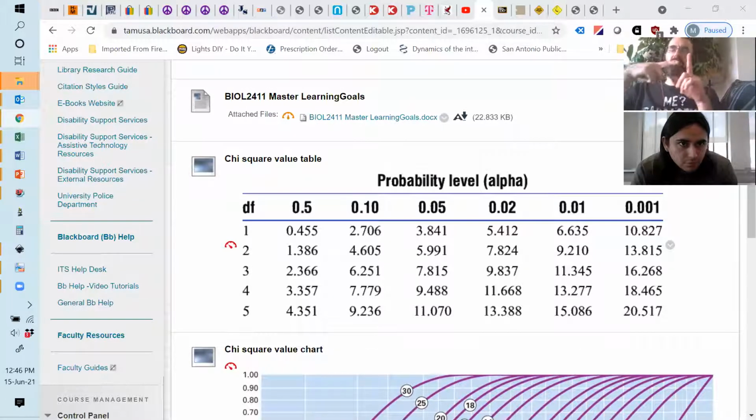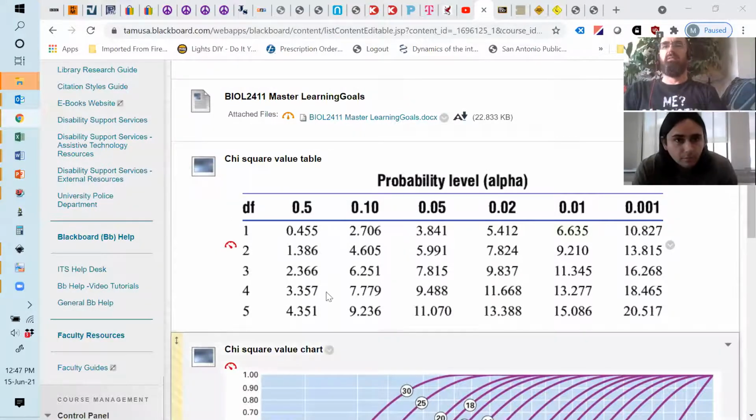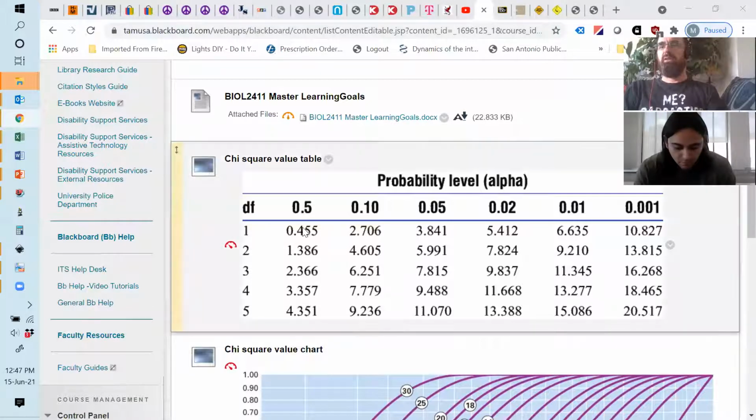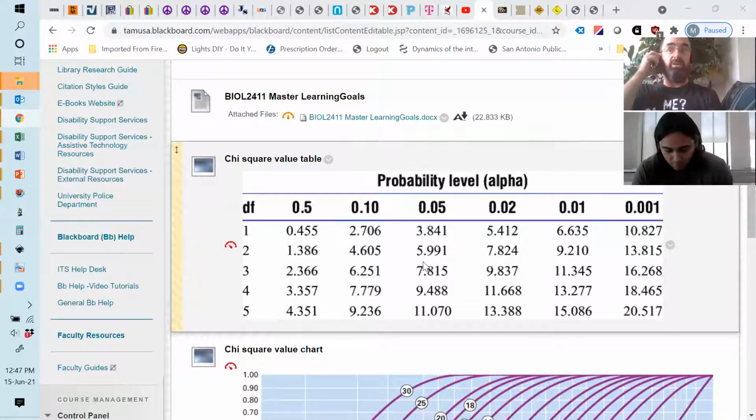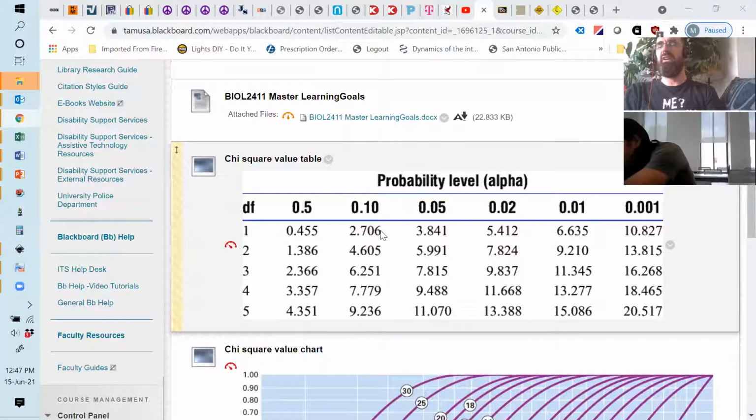So our chi-squared value of 0.04 is smaller than that for p equals 0.5. The chi-square values are the ones in the middle of the chart. Each column represents a probability level. What you're looking for is where your chi-squared value fits in one of these columns.